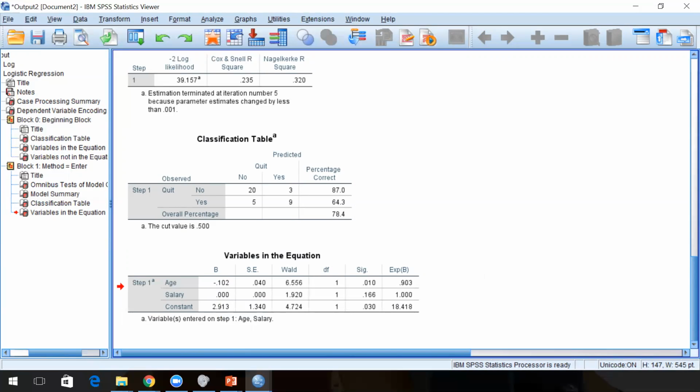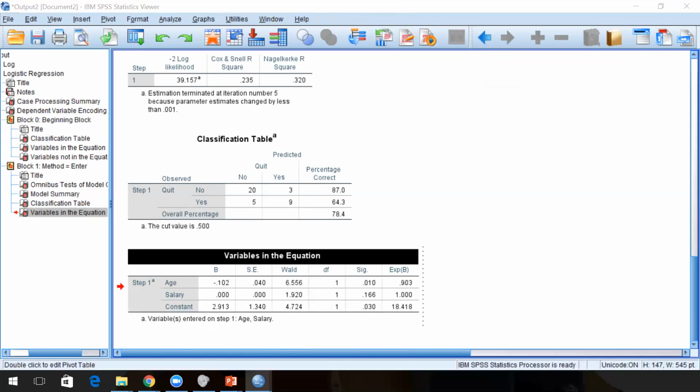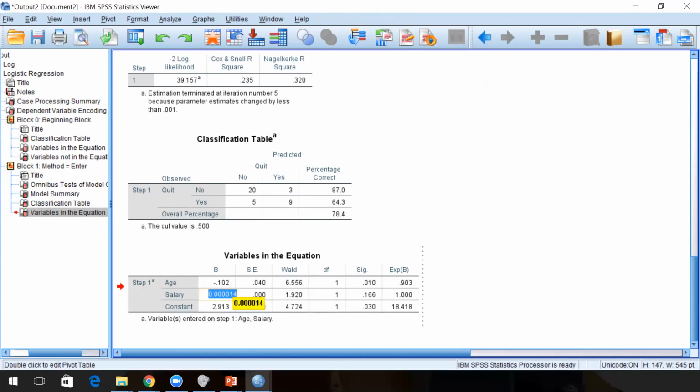But it does tell us a couple things. It tells us, number one, what's statistically significant. It tells us the direction. Again, the salary is not actually 0. If you click on it, you'll see it's a positive 0.00014, which shows us in our sample we have a positive relationship between salary and quitting and a negative relationship between age and quitting.